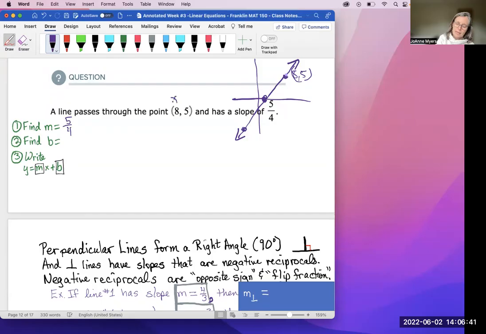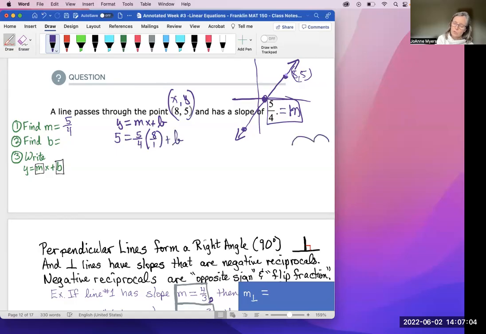All right, my x is 8, my y is 5. 5/4 is my m. y equals mx plus b. My y is 5. My m is 5/4. My x is 8. I'm going to write 8 as 8 over 1.